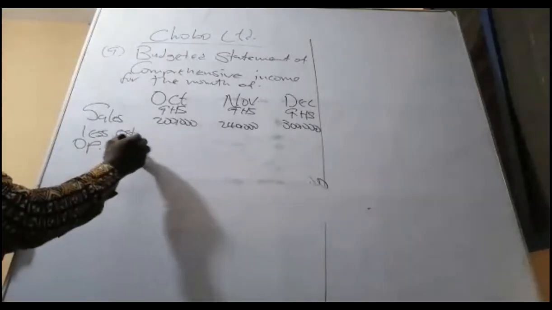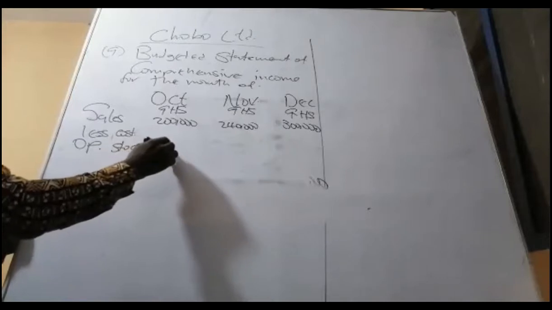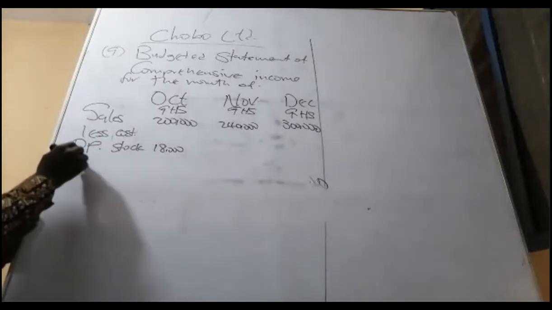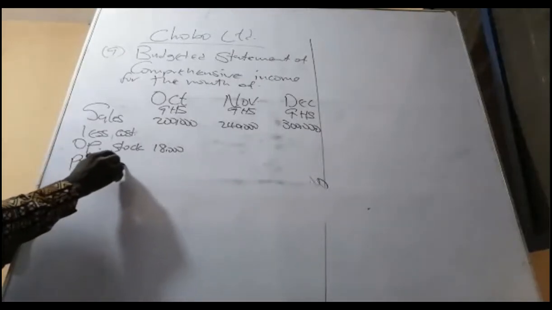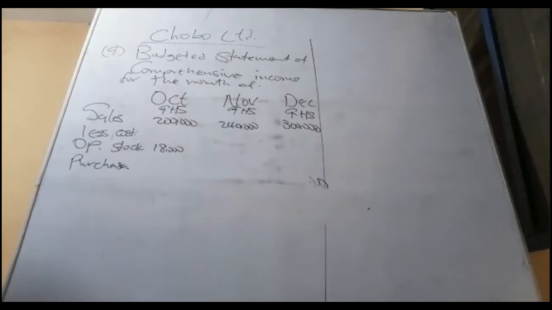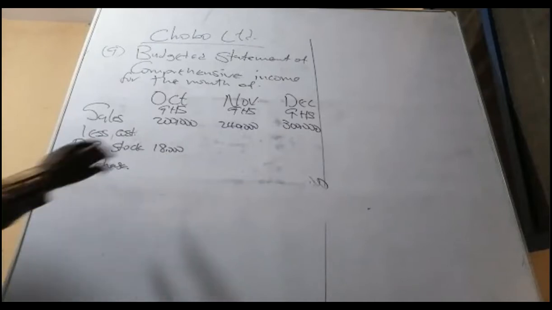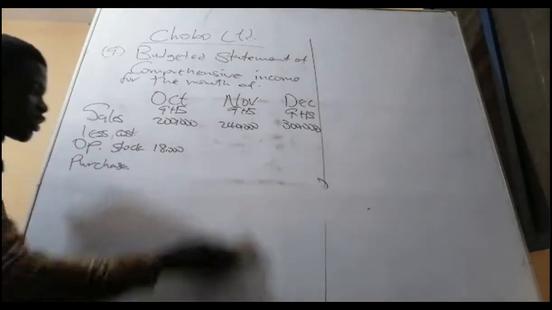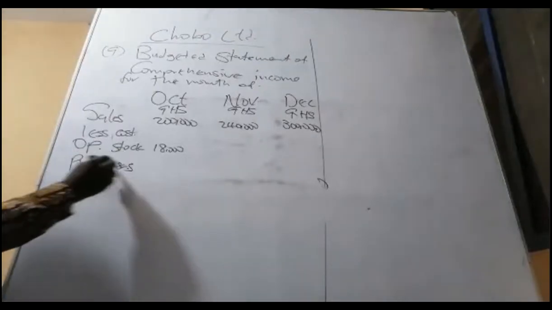So open stock is 18,000. And then you bring purchases here. In fact, I'll do it as a working somewhere for you to get it clearly. You can also do it in here if it will not confuse you. If it confuses, then we do it as workings. Purchases.